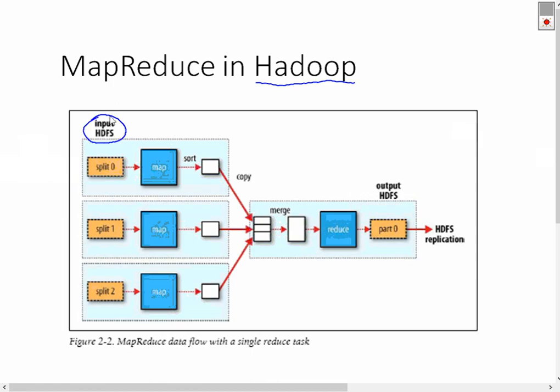I have my HDFS, which stands for Hadoop Distributed File System, and essentially it says all of these different servers, because these blue boxes represent different servers, have a process on them, and I'm basically taking all of the data that I have, the corpus perhaps, and I'm going to segment it up into chunks, right? And to each of these servers, I'm going to hand one of these chunks. It's going to go through that map process, and as an output of that, it's going to produce its own dictionary file and its own posting list.